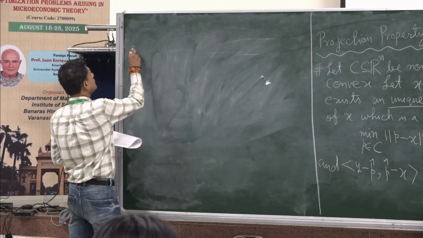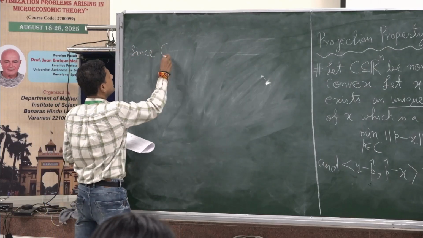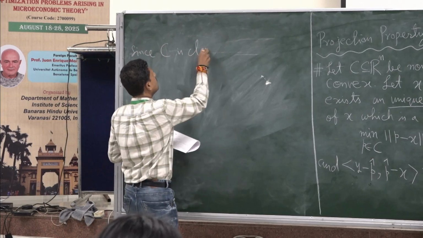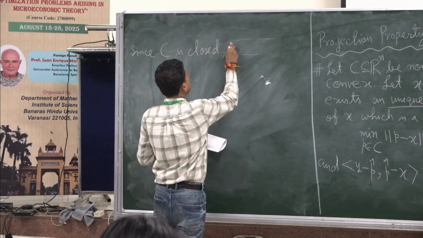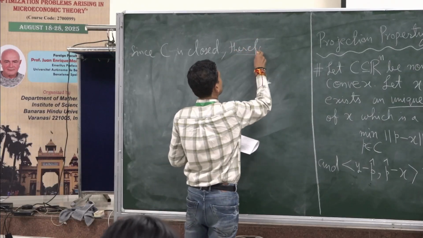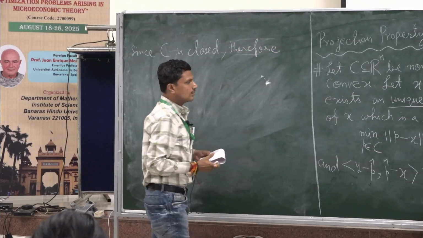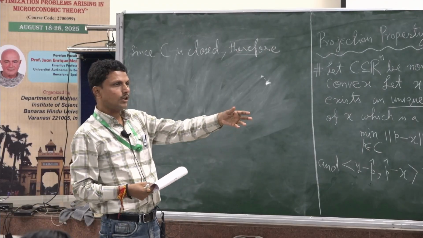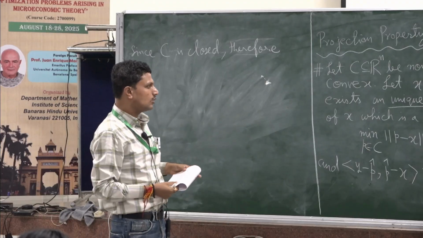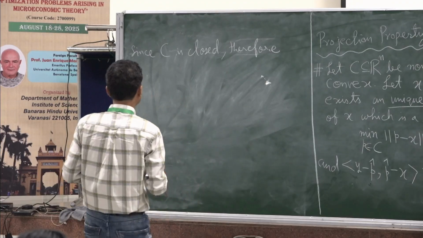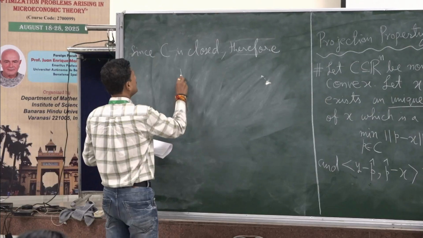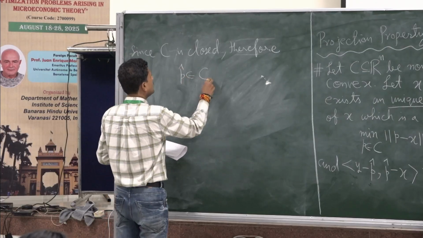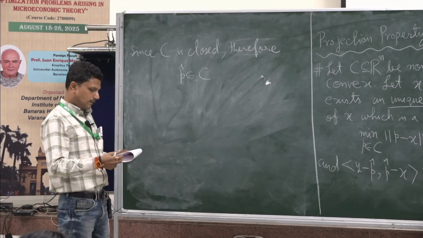Since the set C is closed, we know that the limit of every convergent sequence in C will also belong to that set. So this P hat will be in C.